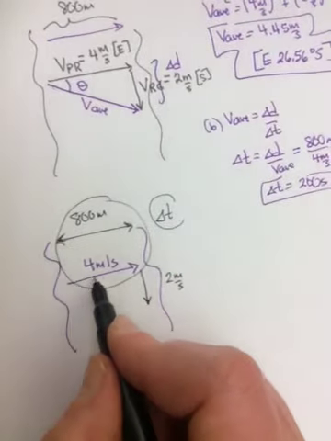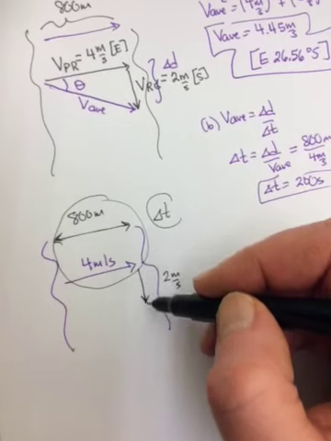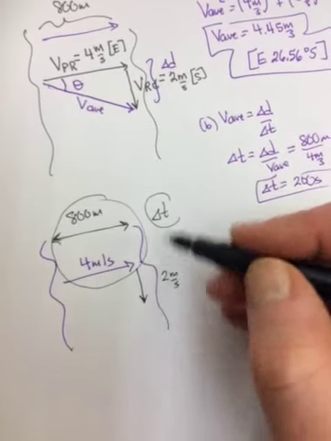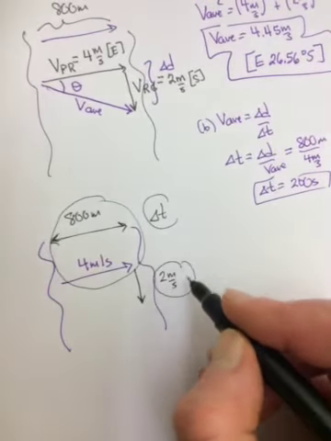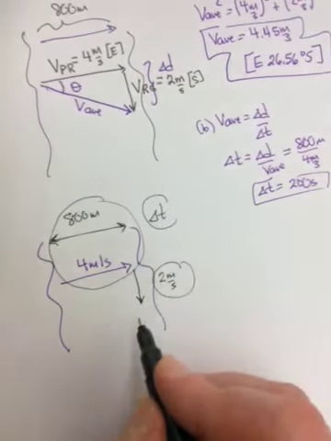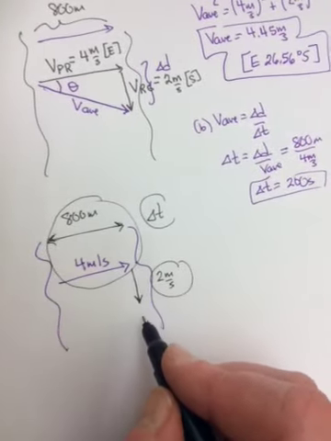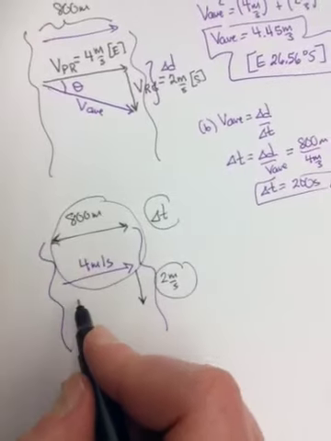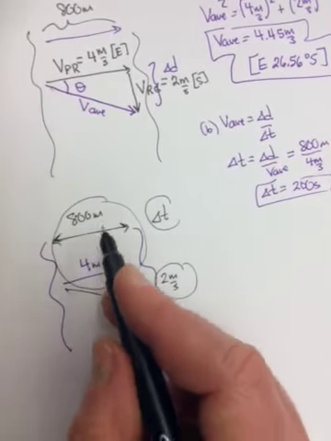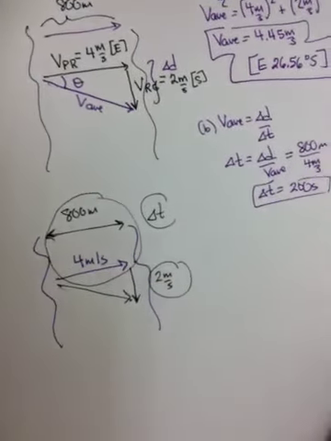Once you have that, you can find the time. And the time that it takes you to cross the river is exactly the same time as the river has to carry you downstream. So once you get that 200 seconds, you can then use it with this 2 meters per second to figure out how far downstream you have gone. So the time for the three vectors is the same, but the velocities and the displacements of them are not, right?